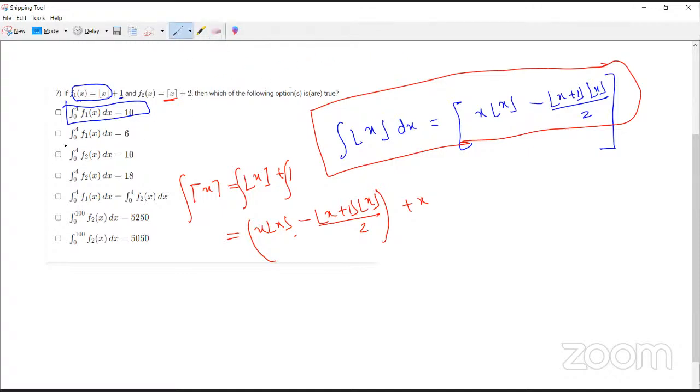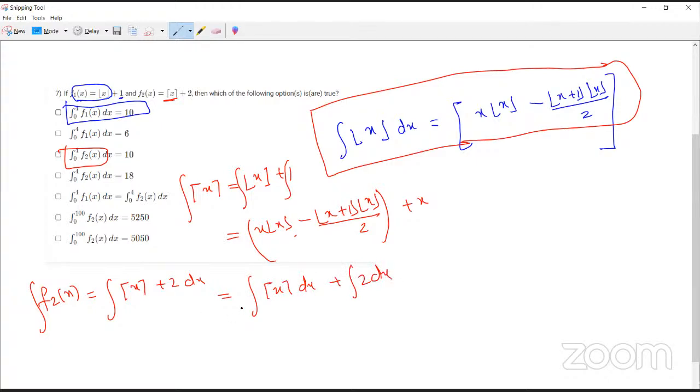We have to find the integral of f2 dx, so I can split the integral: integral of this dx plus integral of 2 dx, right? The value of this particular integral is given to me, so just put the limit 0 to 4.